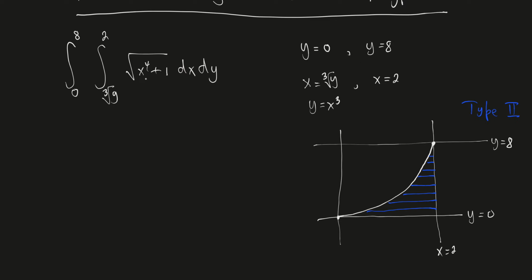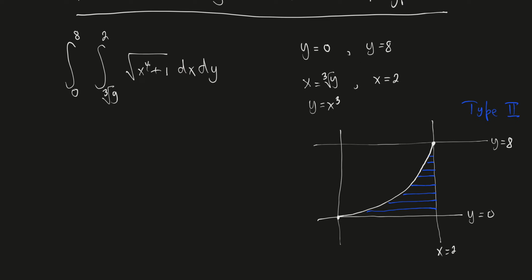Now let's think about how we would integrate this. If we were to try to integrate this as given, we would have to find an antiderivative of the square root of x to the fourth plus 1. And all I would say with that is good luck with that. This is a very difficult function to integrate. In a standard Calc 2 class, none of the techniques will work.